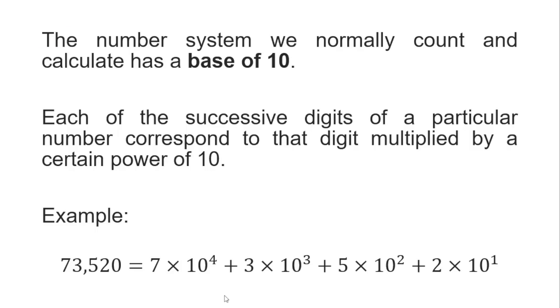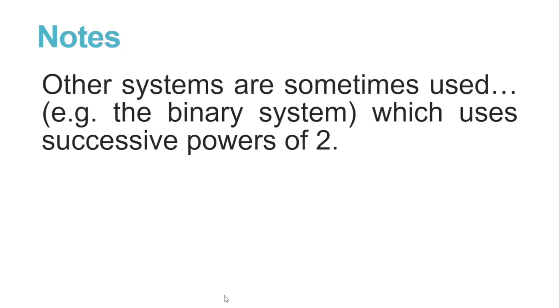Okay, so before we go, let's have quick notes. We have some other systems that are not discussed here but are sometimes used, such as the binary system, which uses successive powers of 2. In that number system you have only zeros and ones, but you can convert it into base 10, like we know.